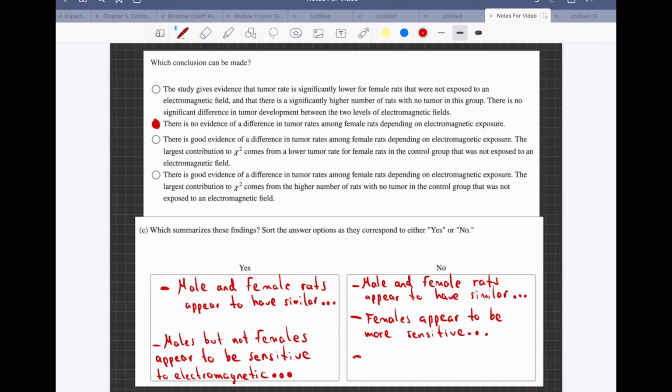And the other one, males develop more tumors than females. And it continues. So I think with this you can identify how to choose the answers, right?